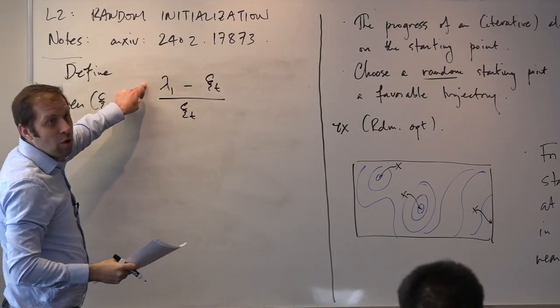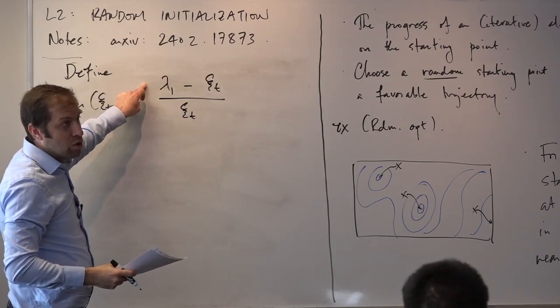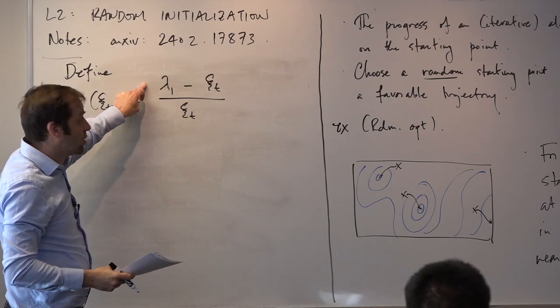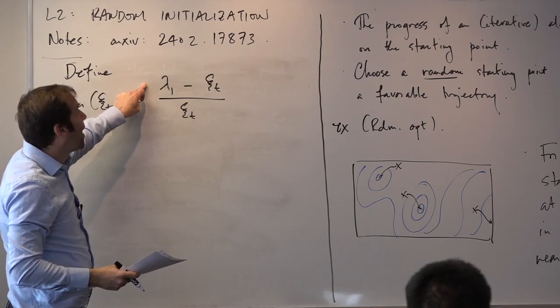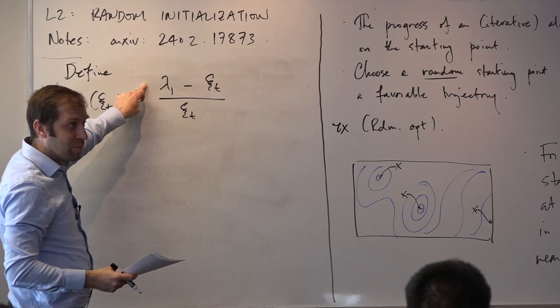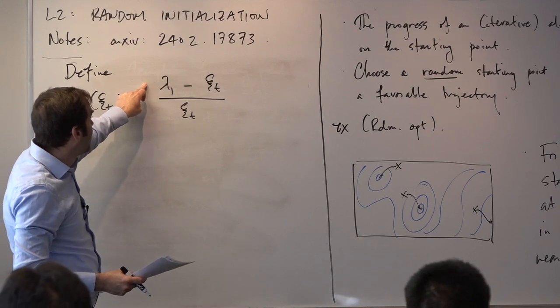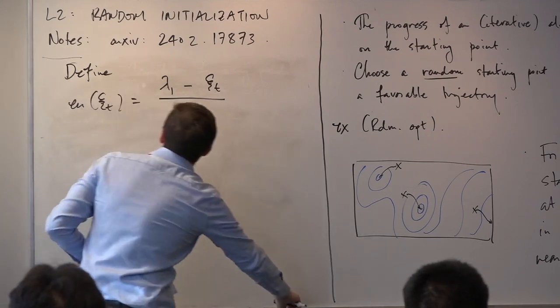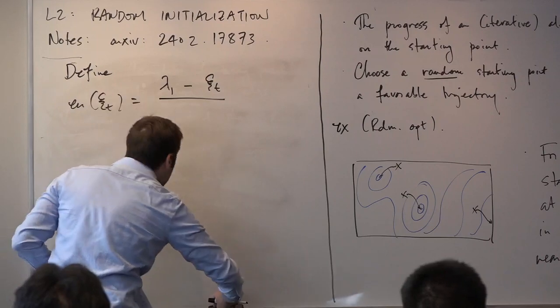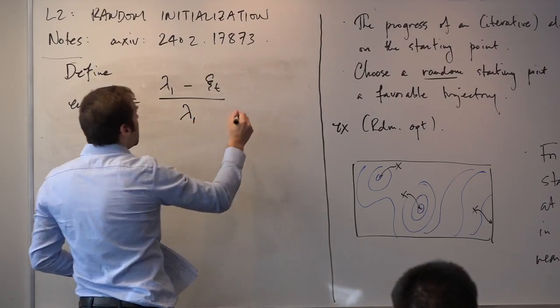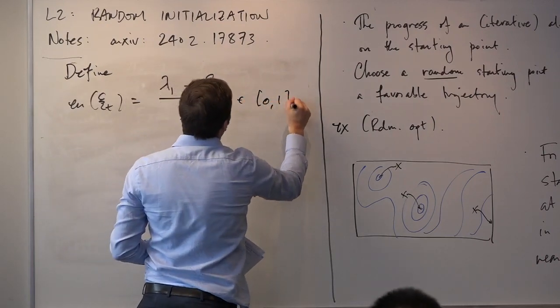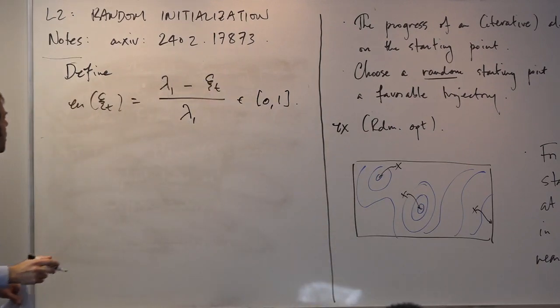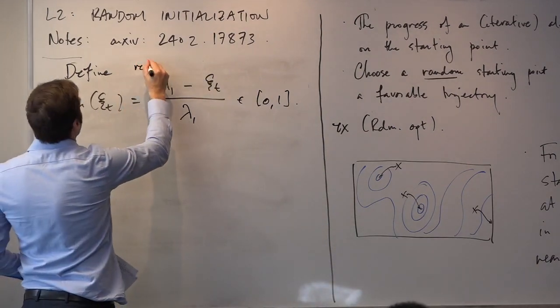CT is always smaller than lambda 1 because it's a Rayleigh quotient, so this is always a positive number. Sorry, lambda 1 in the bottom, not CT. And so this is a number between 0 and 1. It's a relative measure of how well we've done.